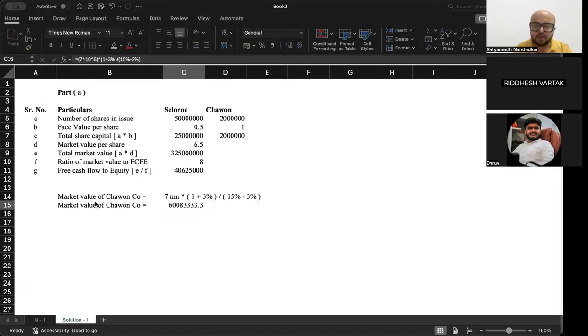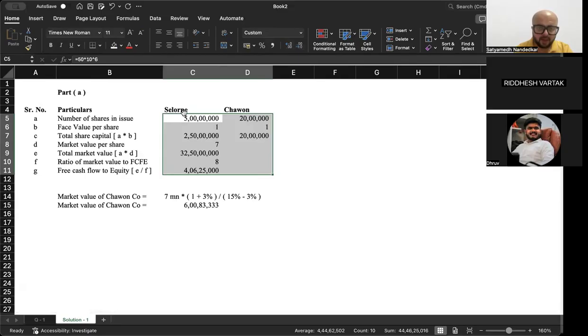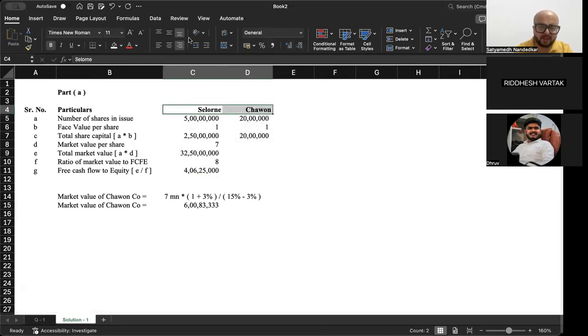Something like this should be the equity market value of Chavon company. Okay. Now we have acquired some information about these two companies. We have tried to calculate the market value of both companies. Now, is that what they had asked us to do?